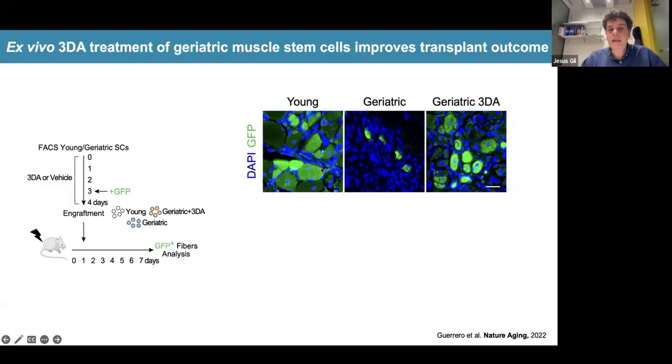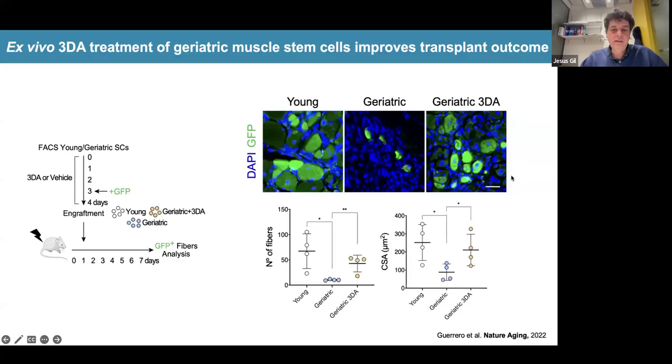And we can see that there are many muscle fibers, both in numbers and in quality. If we just look at the diameters, there is a good number of these cells that have been able to engraft and generate good muscle fibers that have a good diameter.